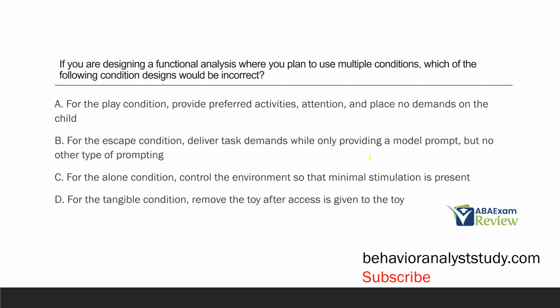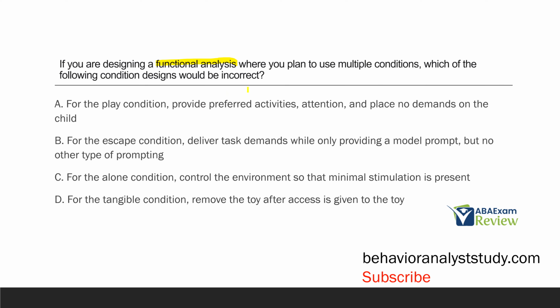If you're designing a functional analysis where you plan to use multiple conditions, which of the following condition designs would be incorrect? So, when we're conducting a functional analysis, we're going to go through our different conditions. Functional analyses are very systematic, meaning we should do them in a pretty standardized way.